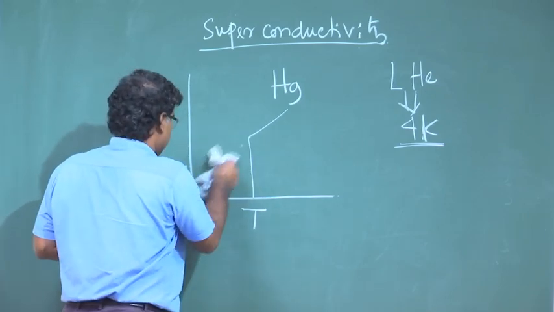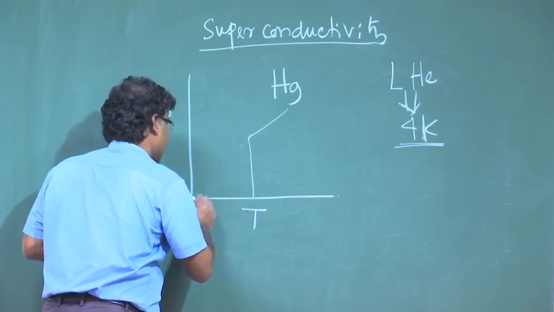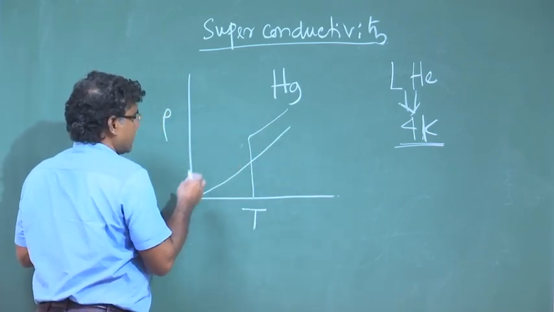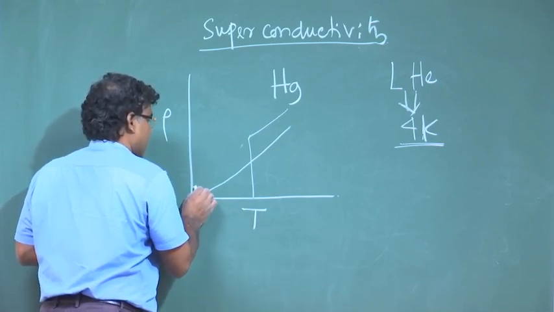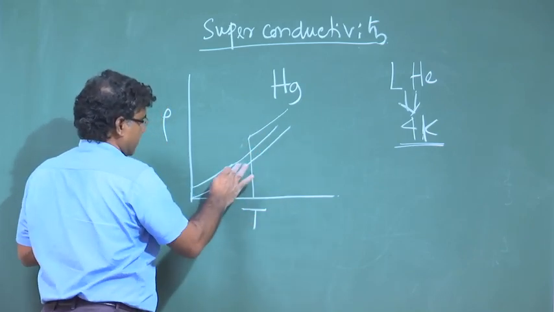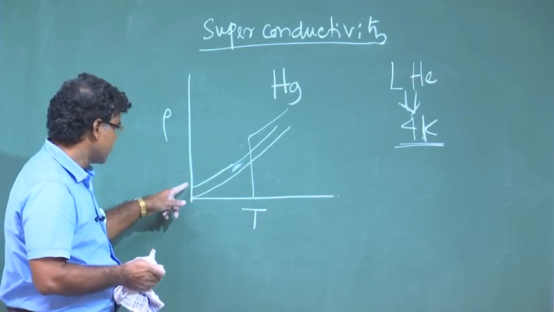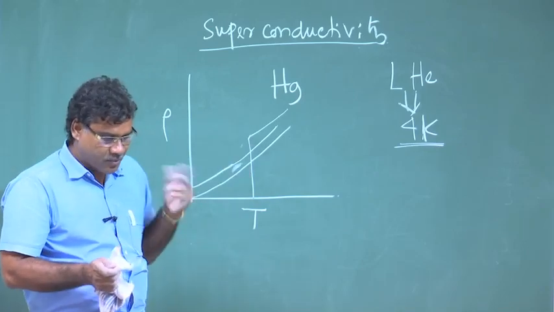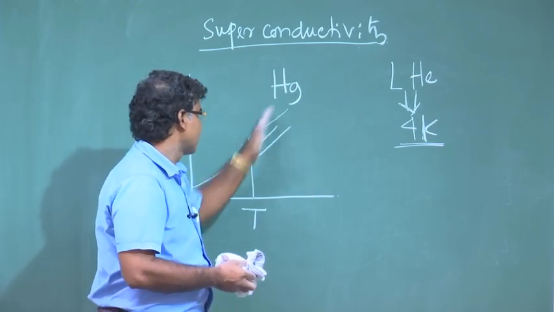I think at lower temperature the variation is like this, but if the material is impure, then its variation is like this, because in that impure material there is a residual resistivity rho 0, right. So, that was the behavior of a normal metal.